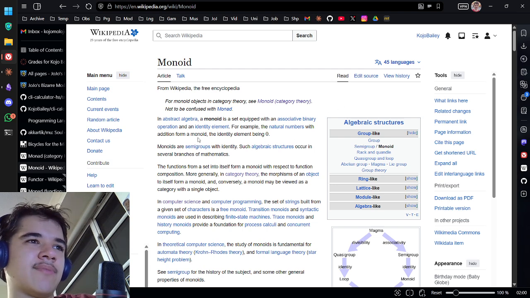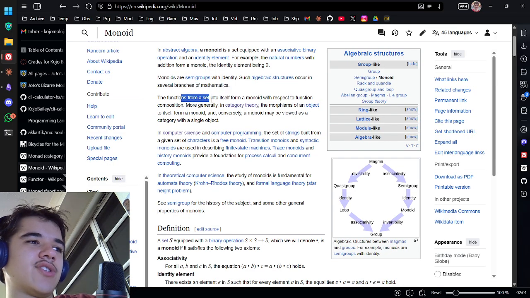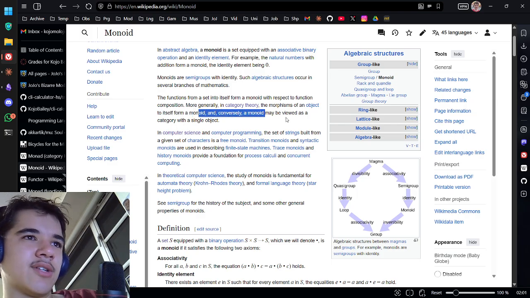For example, the natural numbers with addition form a monoid, the identity element being 0. Monoids are semigroups with identity. Such algebraic structures occur in several branches. The functions from a set into itself form a monoid with respect to function composition. More generally, in category theory, the morphisms of an object to itself form a monoid, and conversely, a monoid may be viewed as a category with a single object.